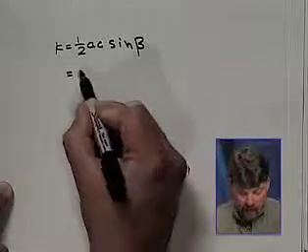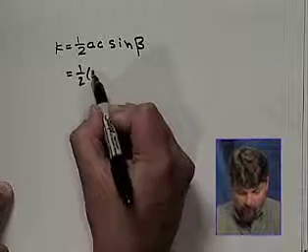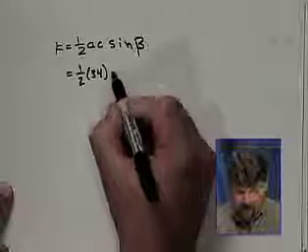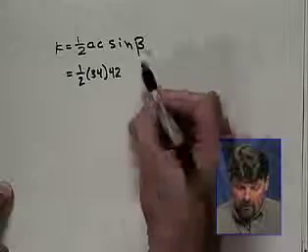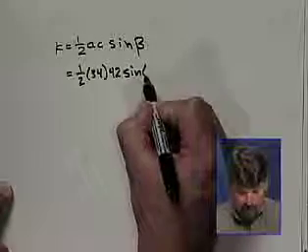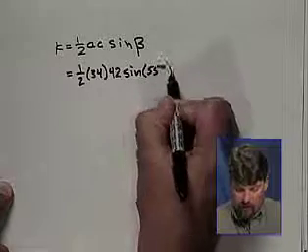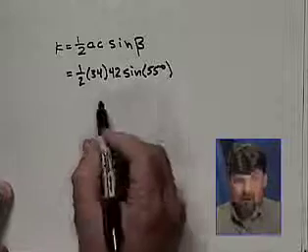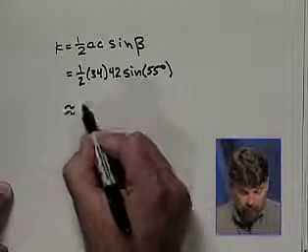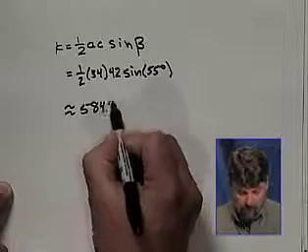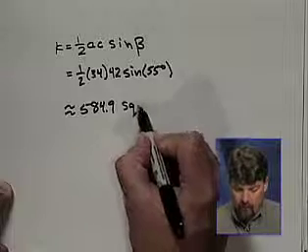We were given that A is 34 and C is 42 and beta is 55 degrees. Now, evaluating this on our calculator, we get approximately 584.9 square feet.